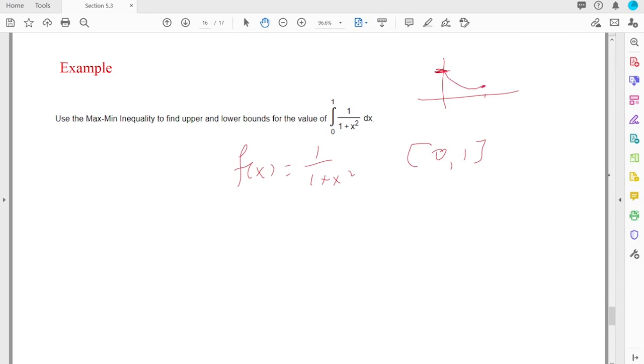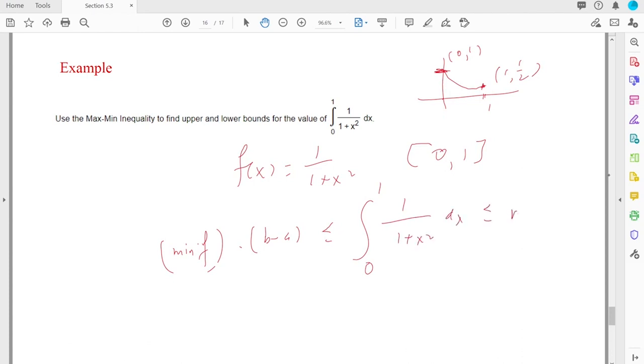So this is how it goes. The maximum value is at 0, which is 1, and the minimum value is at 1, which is 1 over 2. So the minimum value of this function times b minus a is less or equal to the integral from 0 to 1 of 1 over 1 plus x squared dx, and this value is less or equal to the maximum value of the function times b minus a.